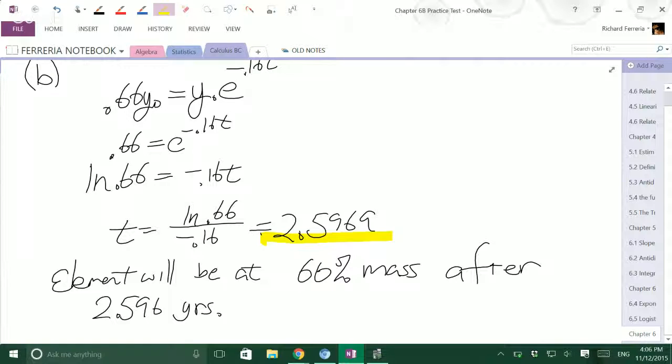The AP rules are, after 3 decimal places, if it's the same number, as far as the AP rules are concerned, this is exact. No, if you put approximately, I wouldn't mark you wrong with that. That's peanuts. I don't mind.